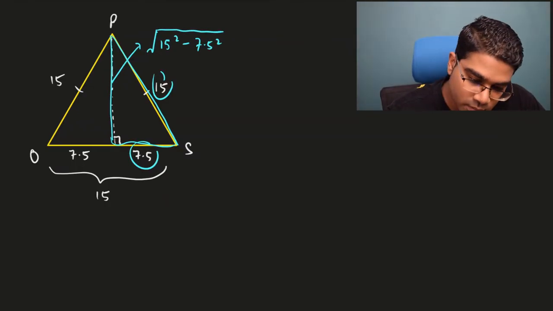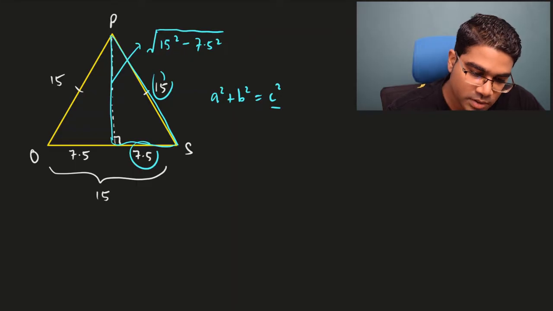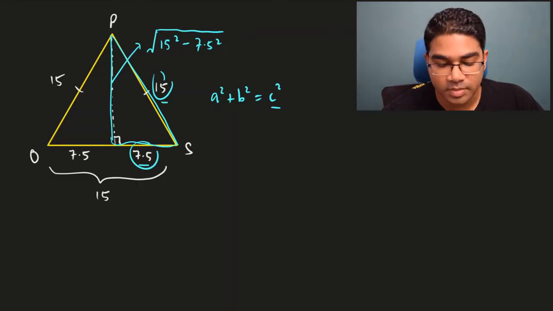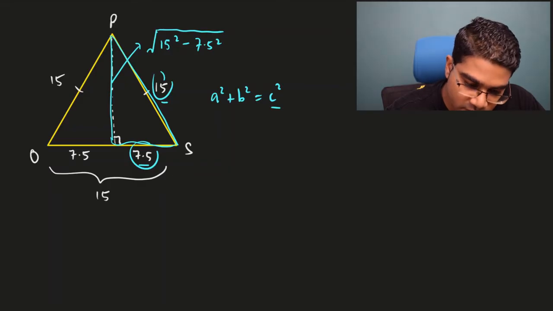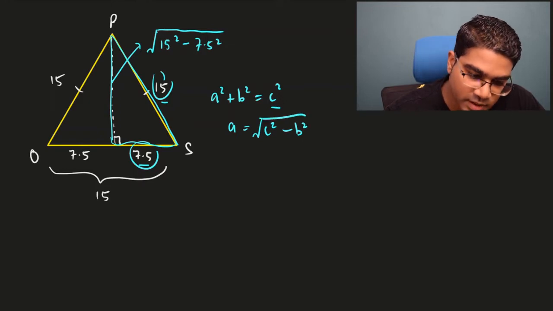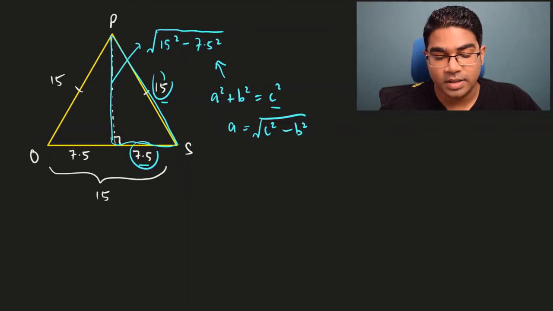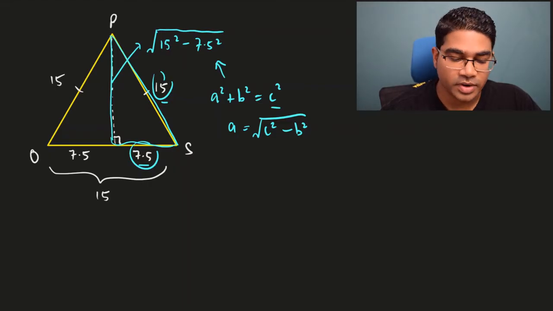Remember Pythagoras theorem, a square plus b square equals to c square. Now c is the hypotenuse, this is 15, and either a or b, it doesn't matter. So we just rearrange. A will be equals to square root of c square minus b square. That's exactly what we are doing here. Alright, now that we have the height, we can find the area of the triangle.